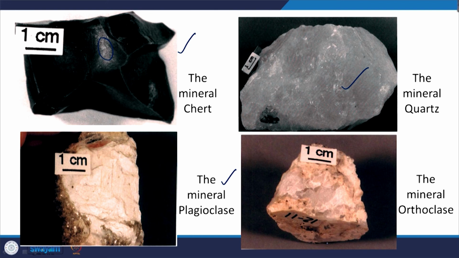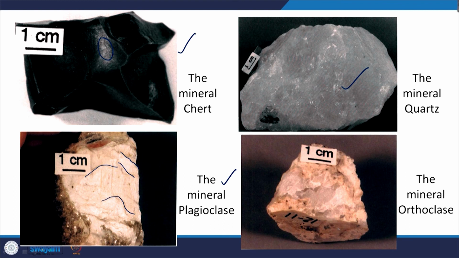Striations are any number of scratches or parallel grooves on the surface of a rock, and these can result from the action of moving ice such as a glacier. You can see that these surface striations are present.